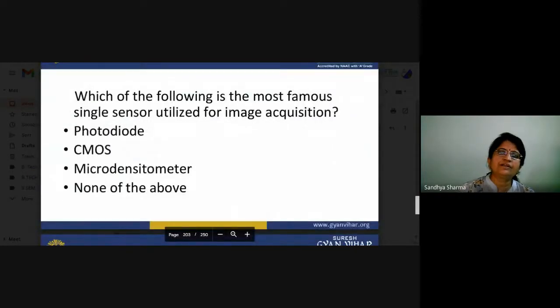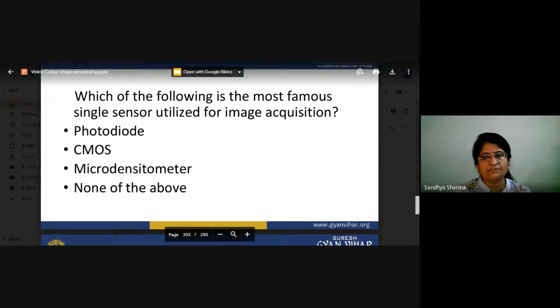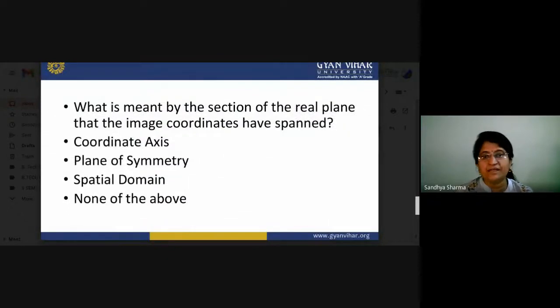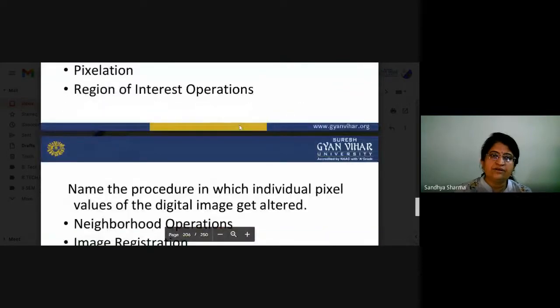Which of the following is the most famous single sensor utilized for image acquisition? Photodiode, CMOS, microdensitometer, or none of the above. You have to know about the single sensor utilized for image acquisition. What is meant by the section of the real plane that image coordinates have spanned?